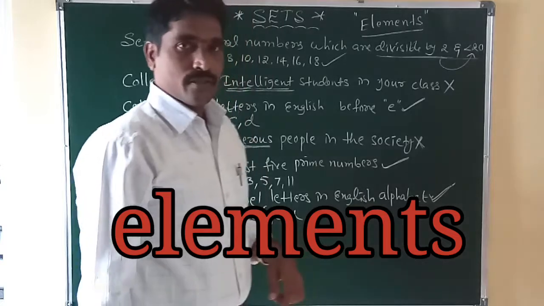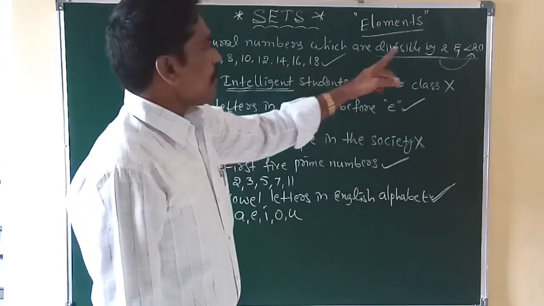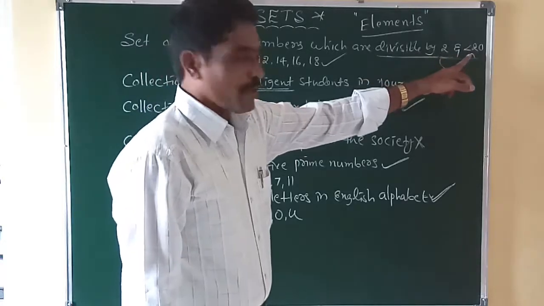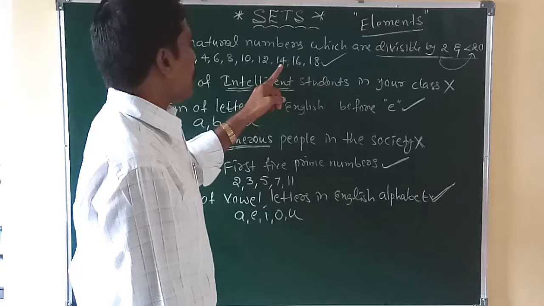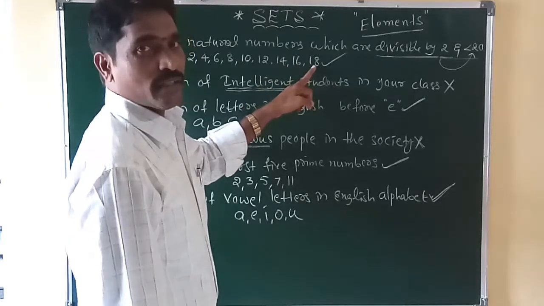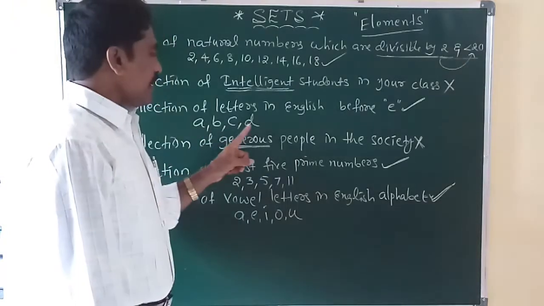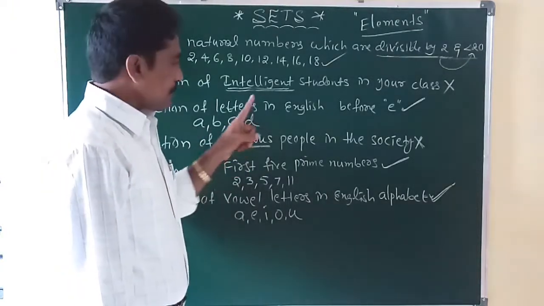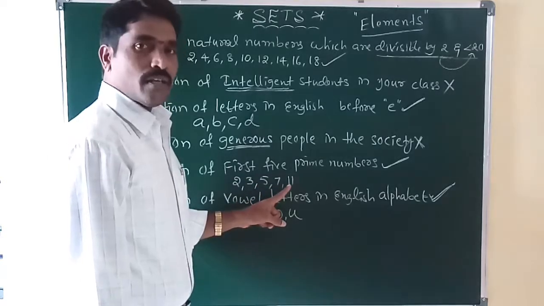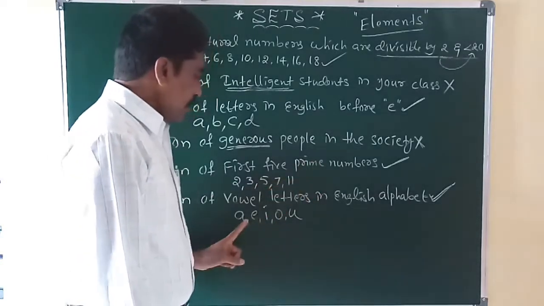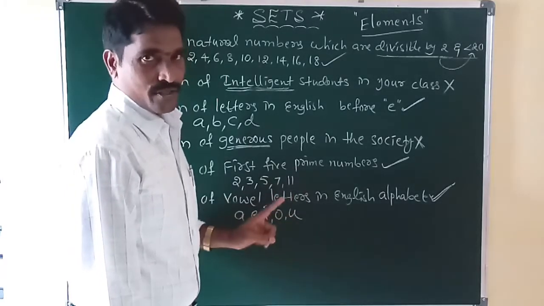So for the set of natural numbers which are divisible by 2 and less than 20, they are 2, 4, 6, 8, 10, 12, 14, 16, 18. These are the elements of this set. A, B, C, D are the elements of this set. 2, 3, 5, 7, 11 are the elements of this set. A, E, I, O, U are the elements of this set.